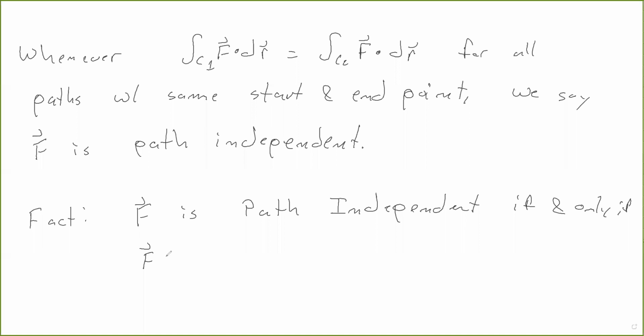In other words, F is equal to the gradient of f for some little f. So F is path independent if and only if it is the gradient of some function f, in other words, if and only if F is conservative. And these are the type of vector fields that you are used to seeing in physics. In the next video, we're going to see how we can use these two things to help us compute line integrals.